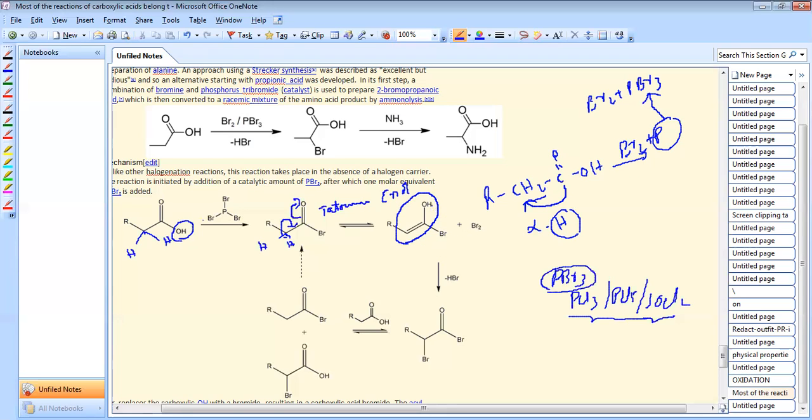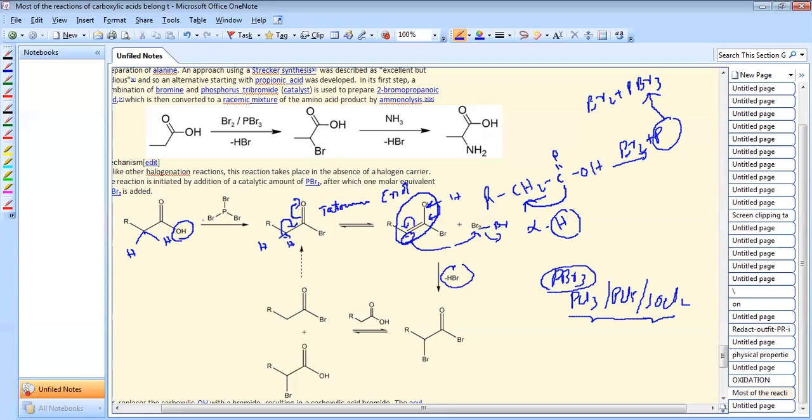How? I'm representing it like this: whenever this hydrogen is shifted here, then this bond accompanies the creation of a negative charge. I already told you halogens are electron deficient species. It attacks here, which facilitates the removal of H plus and Br minus as HBr.